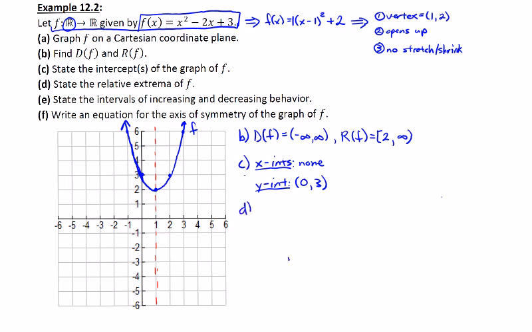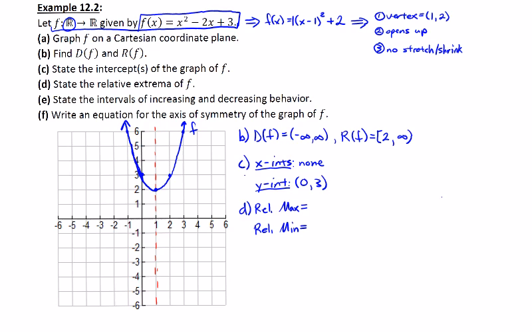Part D is looking for the relative extrema. So for the relative extrema, there is always two types of those. There is a relative maximum, or there is a relative minimum. When we're dealing with a quadratic function, you will never have both. You will have one or the other.